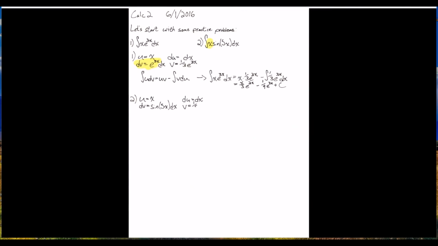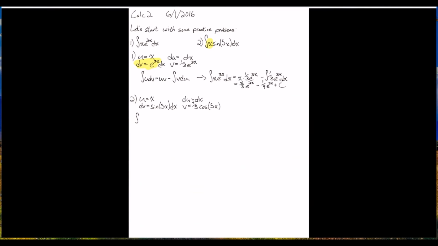So we want these to cancel, so I should put negative 1, and then cosine 5x. Right? So now we have our u's, v's, and our du's and our dv's.